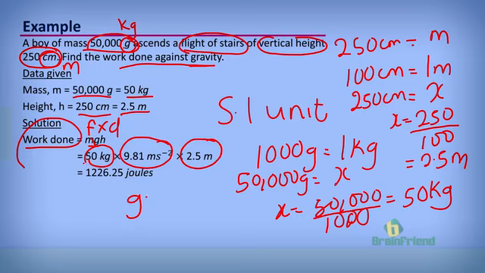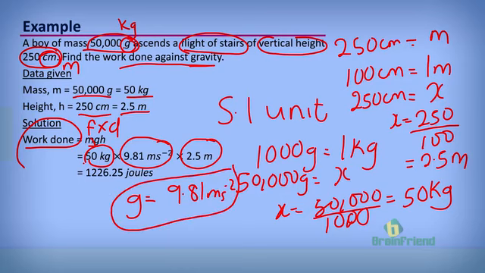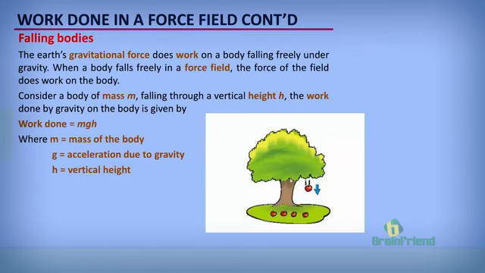Remember, your acceleration due to gravity is a constant, which is 9.81 meters per second square. This is a constant that you must all know. So when you multiply out, you get 1,226.25 joules.